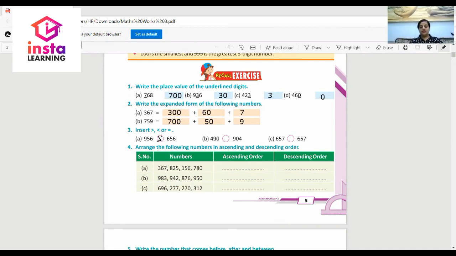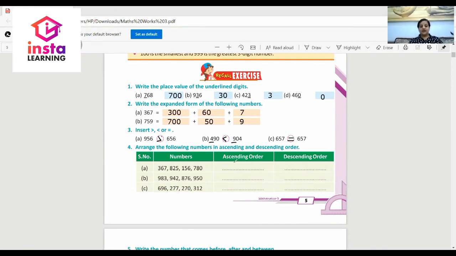So what is in the place of 100? That is 4 and that is 9. So 9 is greater than 4, so we are going to make the sign of greater than like this. Okay. Next is 657 and 657, the same. Same numbers are there, so we will put an equal sign here.